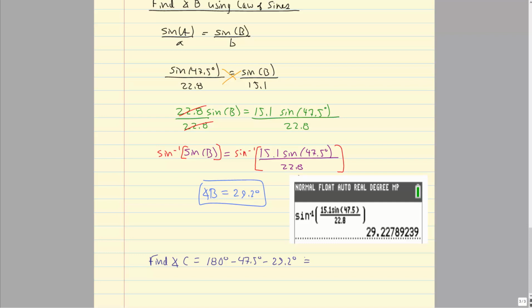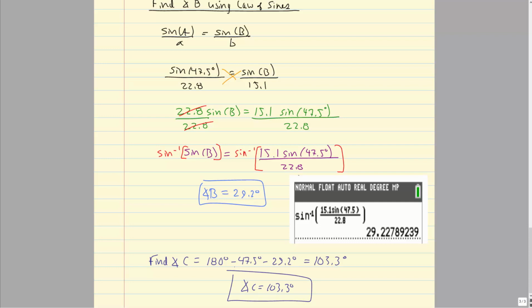So let's go ahead and subtract those. So I'd have 180 minus 47.5 minus 29.2, and I have 103.3 degrees. So angle C equals 103.3 degrees.